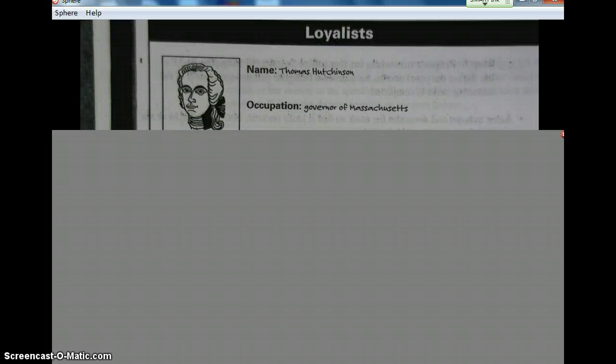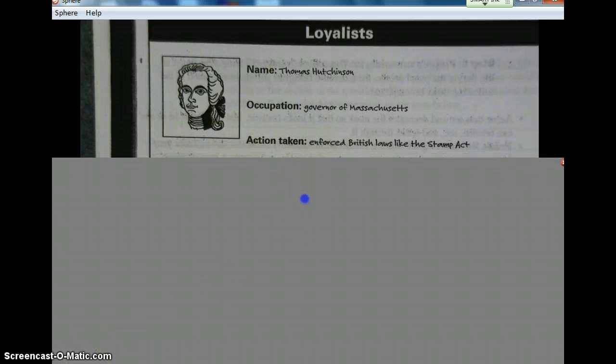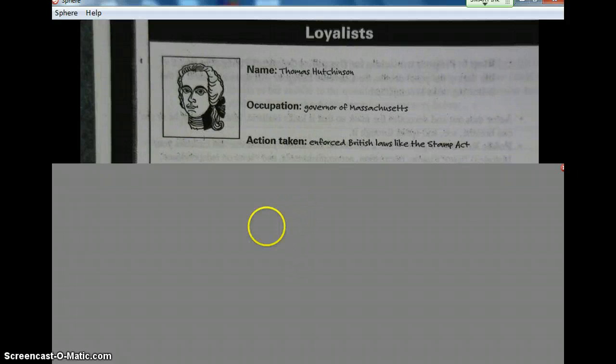Okay, at the beginning of paragraph 3, it says that Hutchinson believed firmly in enforcing British laws such as the Stamp Act and the law that closed the Boston Harbor for a time. In the caption for the picture, it also says that he enforced British laws that were unpopular among the American colonists. So the action that he took was enforcing those British laws. So on your notes, write down enforced British laws like the Stamp Act.